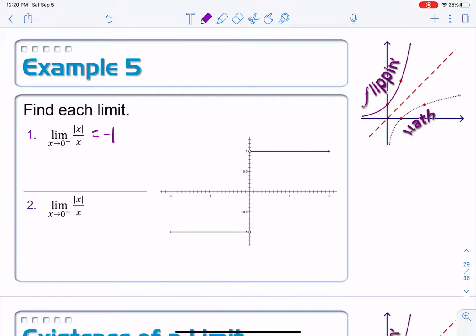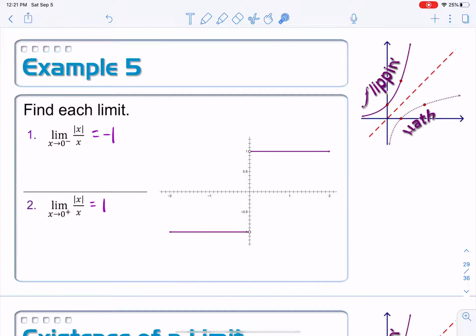On number 2, the limit as x approaches 0 from the right, numbers that are bigger than 0. That's this right branch over here, and we can see that absolute value of x over x is approaching +1. Each of these individual one-sided limits exists. This one is equal to -1, and this one is equal to +1.